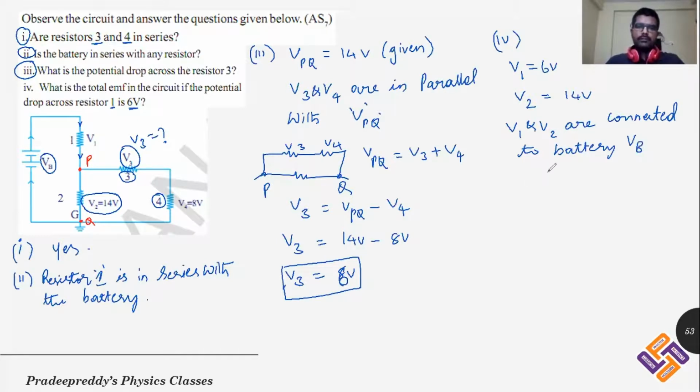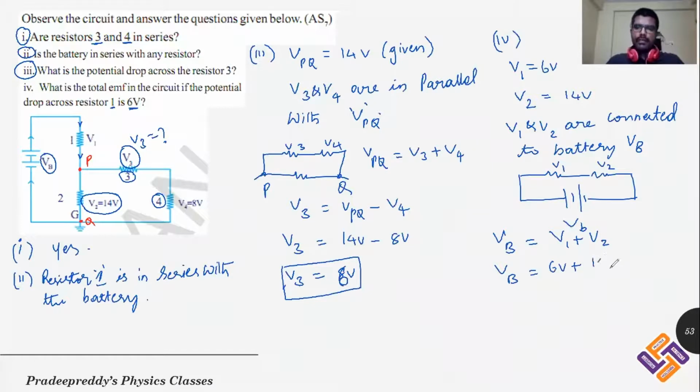This is VB, this is V1 and this is V2. Obviously, the voltage of the battery will be equal to the sum of V1 and V2. Therefore, VB is equal to V1, 6 volt, plus V2, 14 volt, which is 20 volt. Therefore, the voltage of the battery is equal to 20 volt.